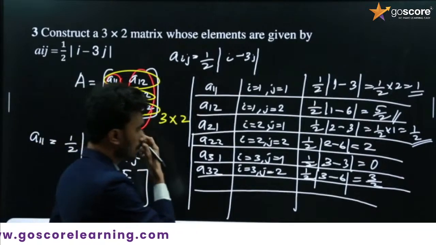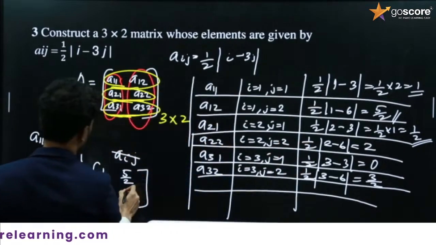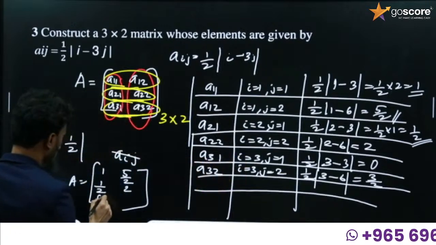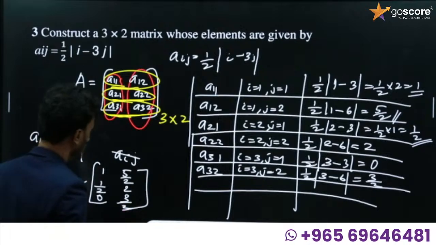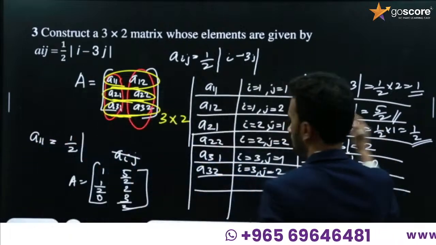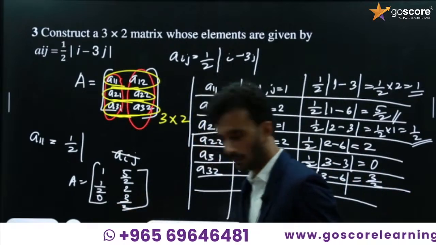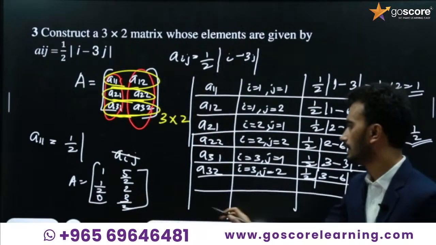A21 is 1 by 2. A22 is 2. Then A31 is 0 and A32 is 3 by 2. So the first row is 1, 5 by 2, the second row is 1 by 2, 2, and the third row is 0, 3 by 2. So this is the answer.